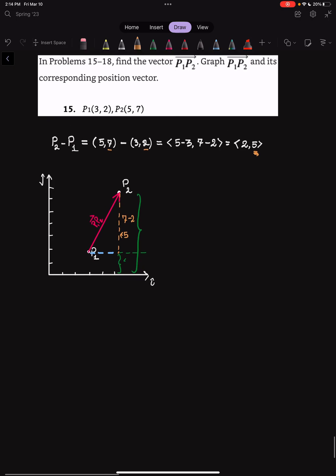Now, they're saying graph this vector and its corresponding position vector. Bonus question, what is a position vector? It's just a vector that starts from the origin.